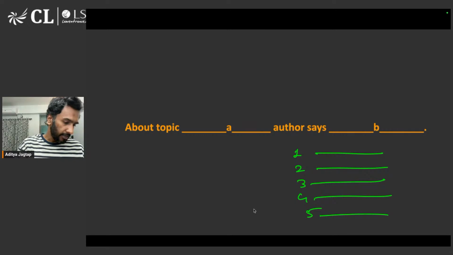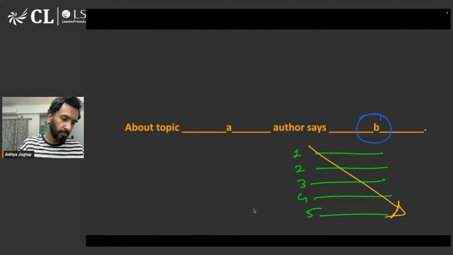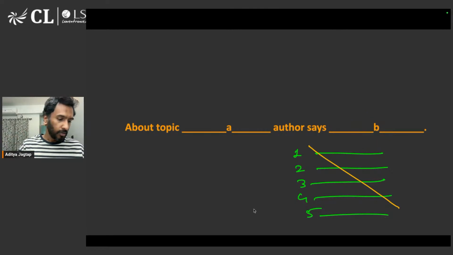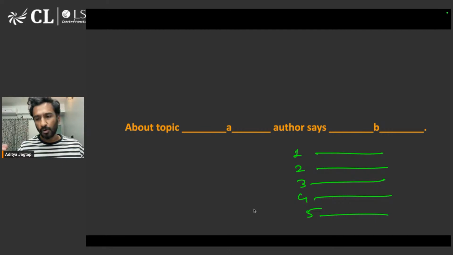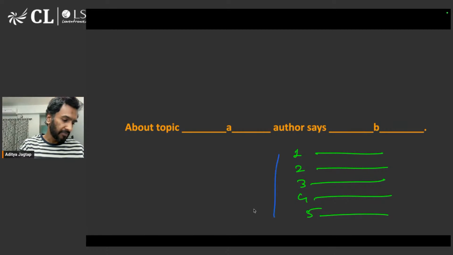If we read in this fashion, odds are we are going to end up thinking something else about what the author is trying to say about the topic. In short, the image of the passage that we'll create in our minds would be skewed if we read from 1 to 5. So one of the biggest and easiest things to do to increase your accuracy for these questions is to read from 5 to 1. It sounds counterintuitive, but it's actually going to improve your accuracy by a big margin.